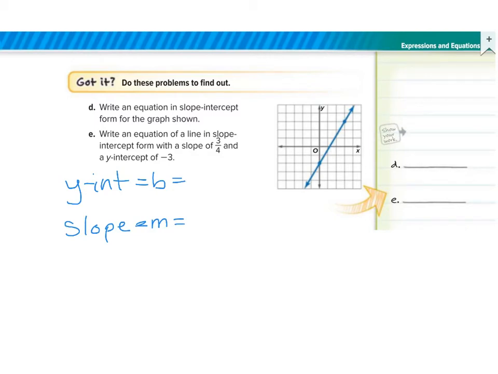So when I look at this graph, I see that the line crosses the y-axis at negative 2 units from the origin, so 1, 2 units. So it would be a negative 2. So b is equal to negative 2.